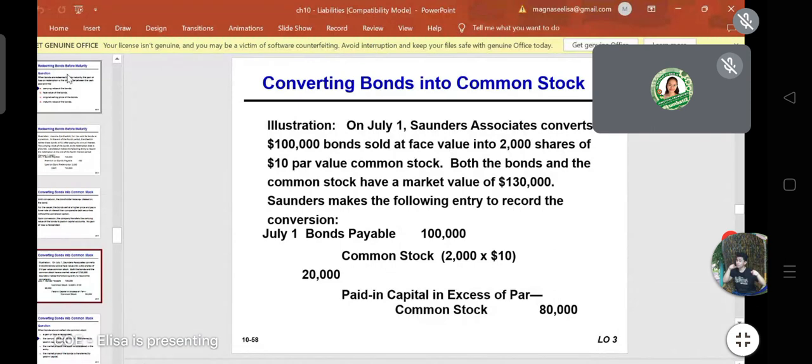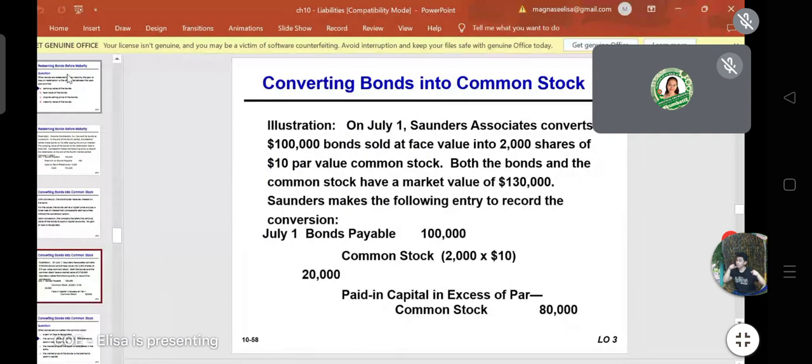In exchange for the 100,000, they are given 200,000 common stock valued at 10. So the equivalent common stock is 20, but in excess, there is paid in capital in excess of par of 80.